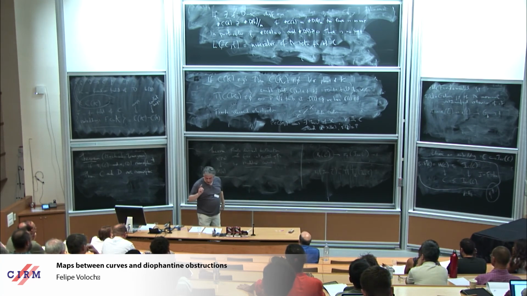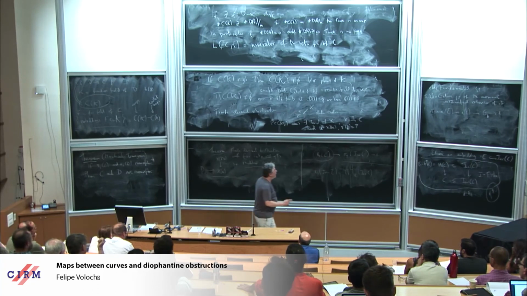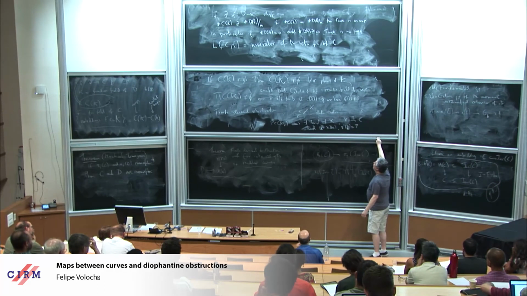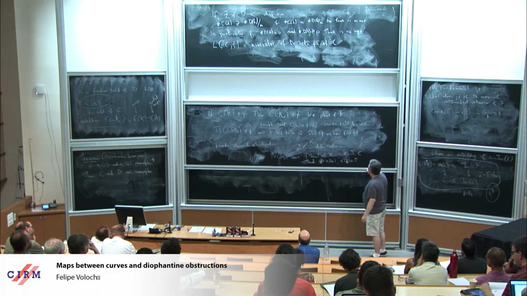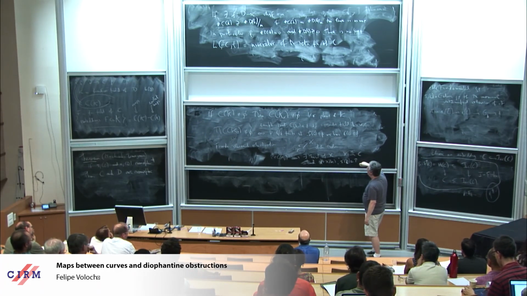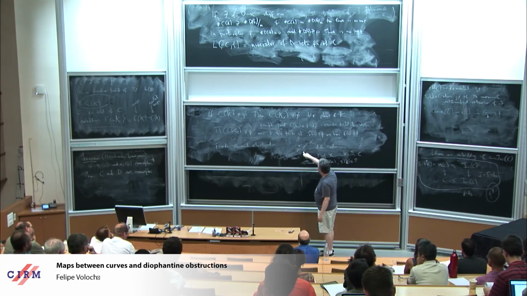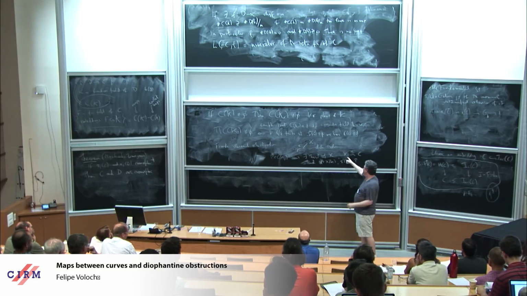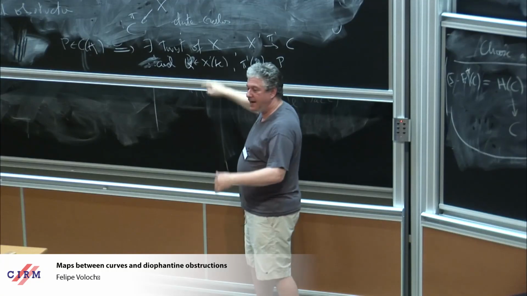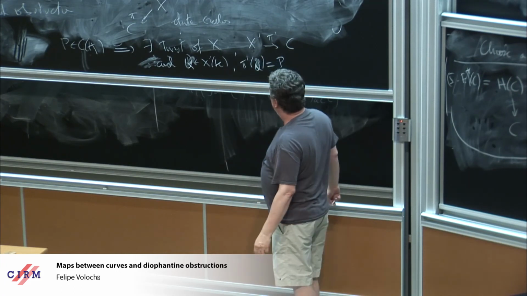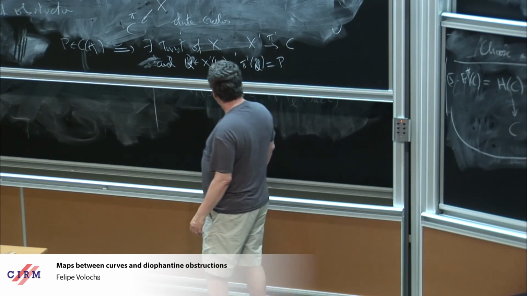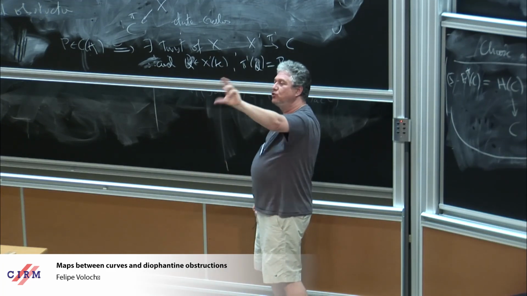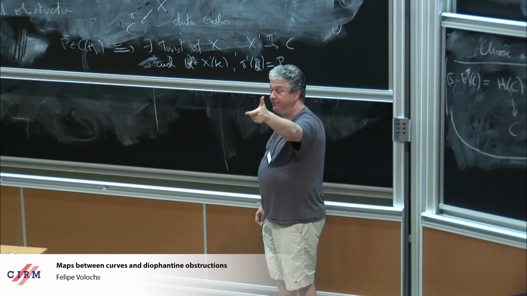And one last thing, because I'm almost out of time, I wanted to mention, so maybe I'll write it here. This twist is another curve which is isomorphic to X over an extension. Now, if you're looking for global points, the extension that untwists it has to be unramified in this situation.